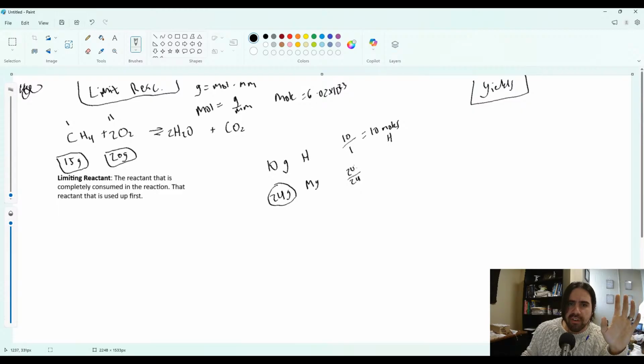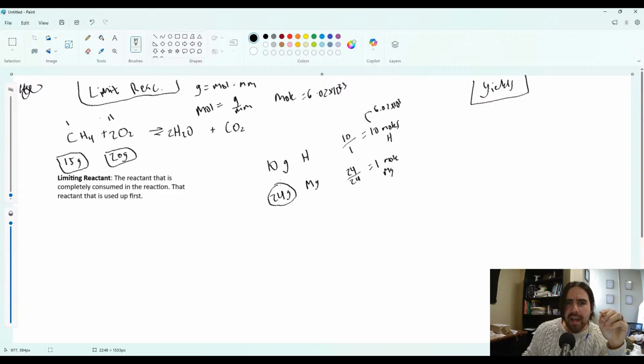So 24 divided by 24 would mean I only have 1 mole of magnesium. That means that I have 10 times 6 times 10 to the 23rd molecules of hydrogen. So I have 10 times Avogadro's number of hydrogen atoms, and I only have 1 times Avogadro's number of magnesium atoms. Okay.